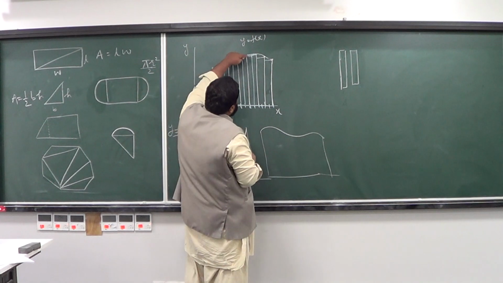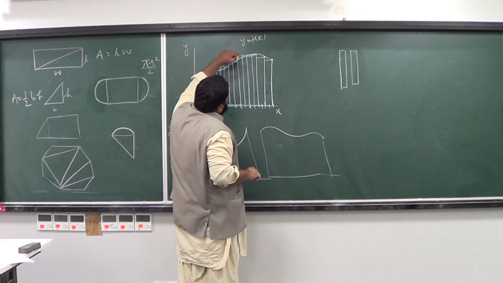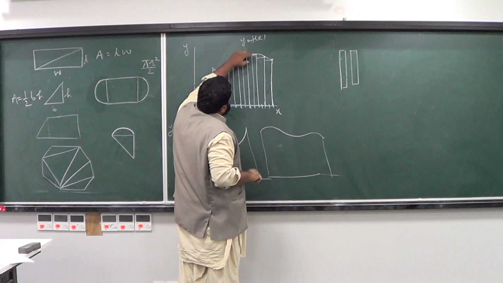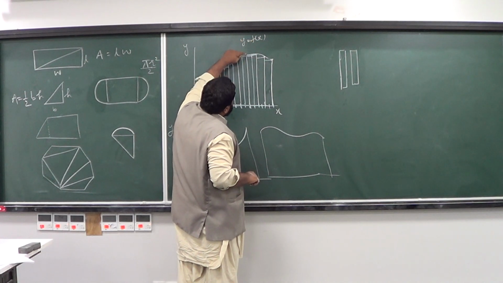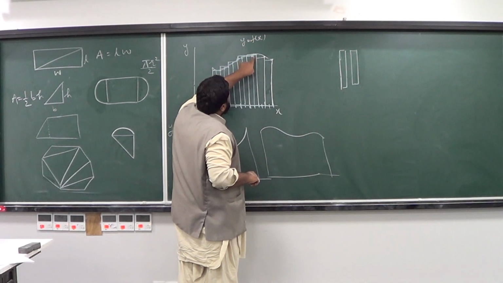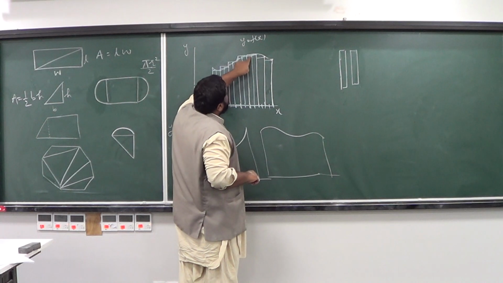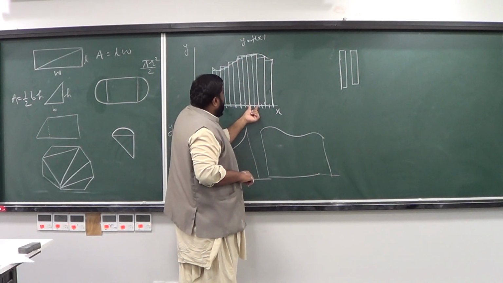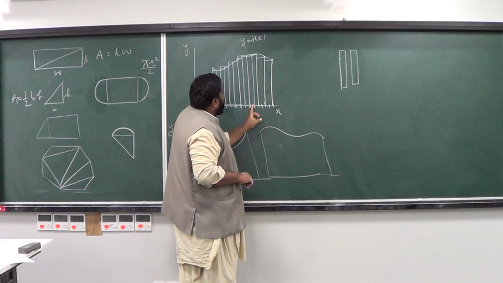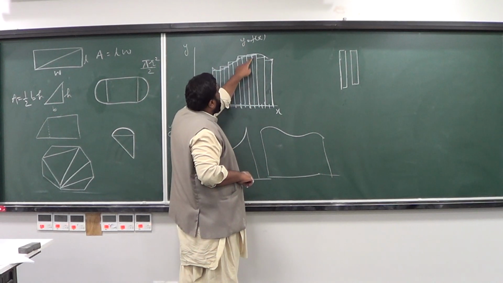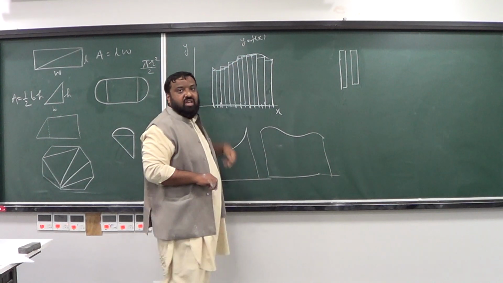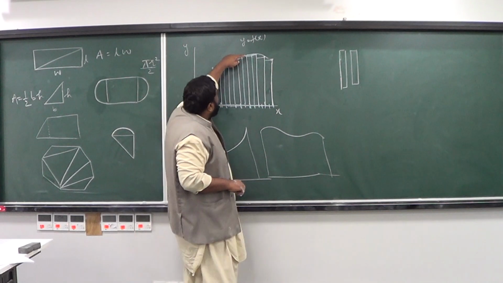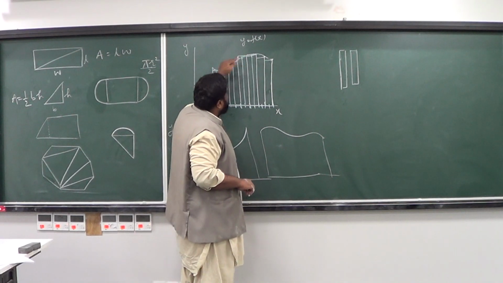You can see that in the big white rectangle there was a lot of space left. But if I break this big rectangle into two small rectangles, the left over area has substantially reduced.